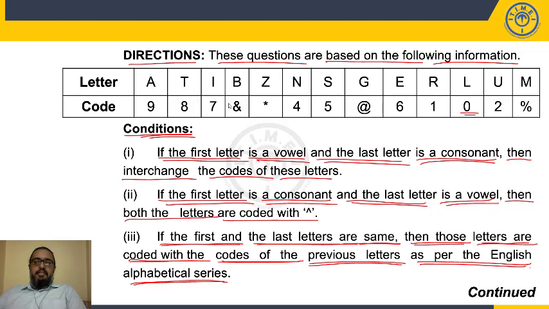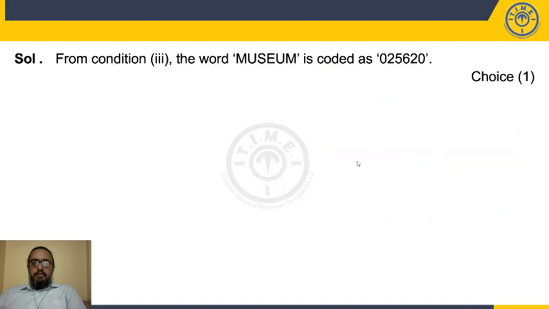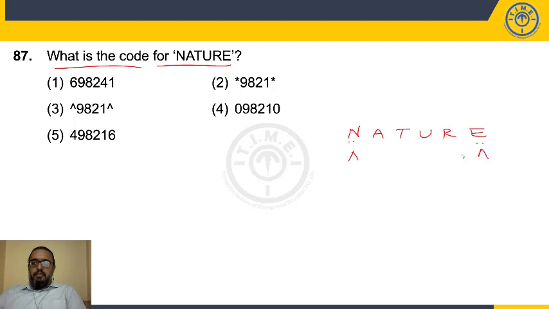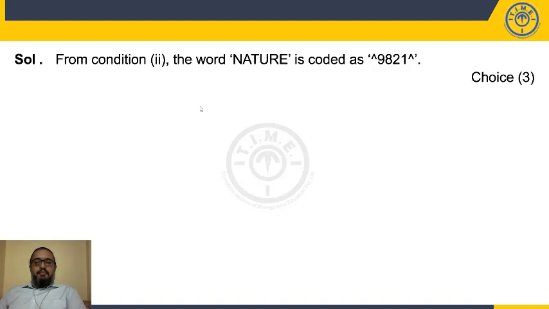A is 9, T is 8, U is 2, R is 1. So 9821. So we give power symbol and 9821. This is going to be my answer. But you need not have the numbers again because you have only one option where you have the power symbol both first and the last. So that will be sufficient to answer this question, third option. Okay, yeah, choice 3.